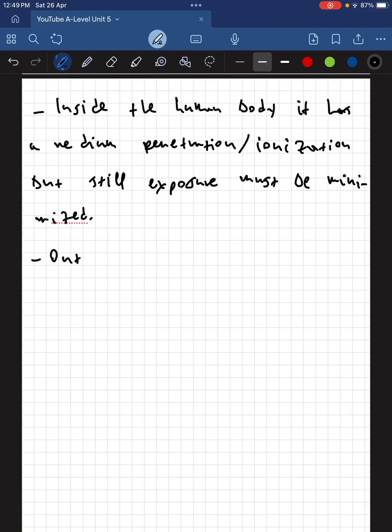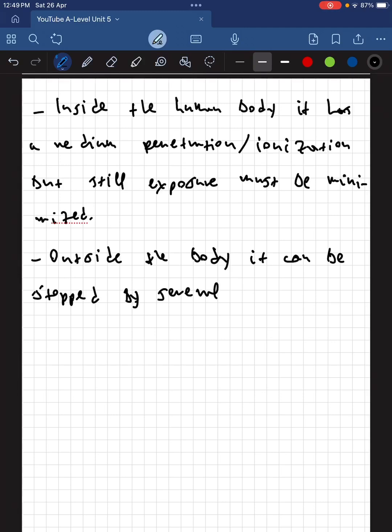Outside the body, it can be stopped by several centimeters of air. Usually 10 to 15 centimeters, if I'm not mistaken.